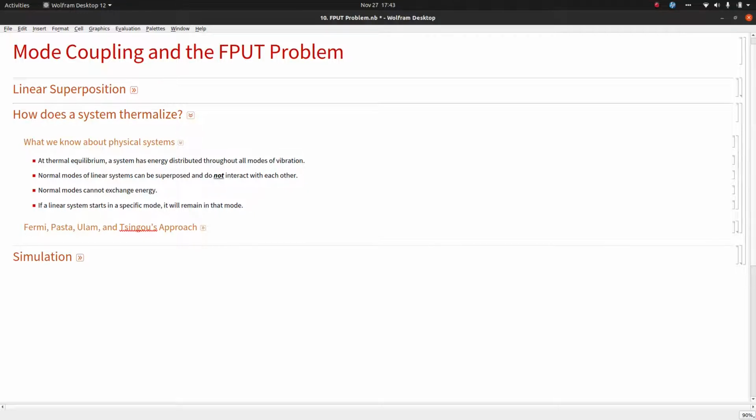So then the question is, if you have a system that's been heated up, and you leave it alone for a long time, how does the energy get passed back and forth between the different modes of vibration? Because the energy is distributed through all the different modes if the system's at thermal equilibrium. How can that happen if a linear system won't allow you to pass energy between the modes?